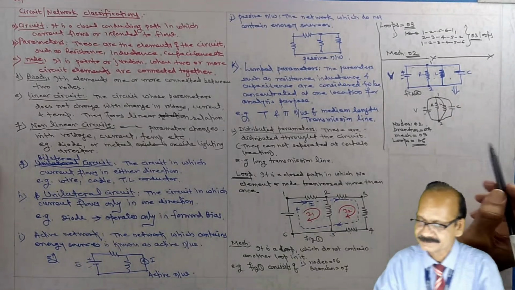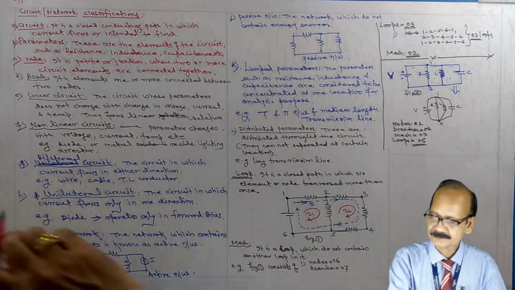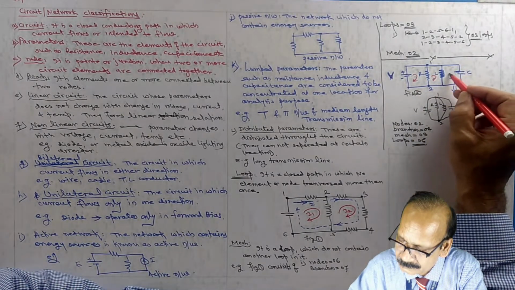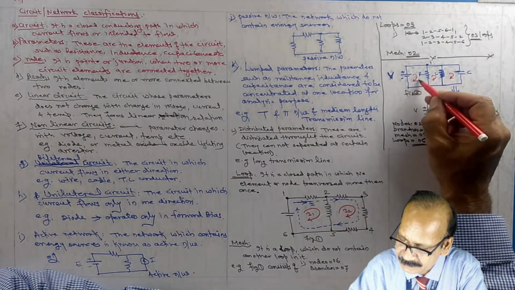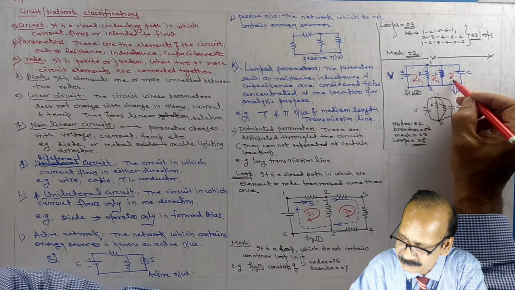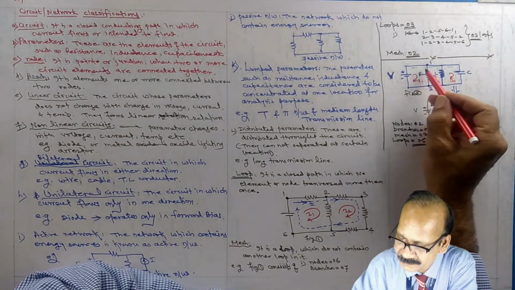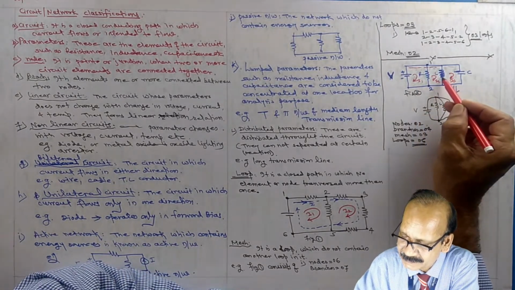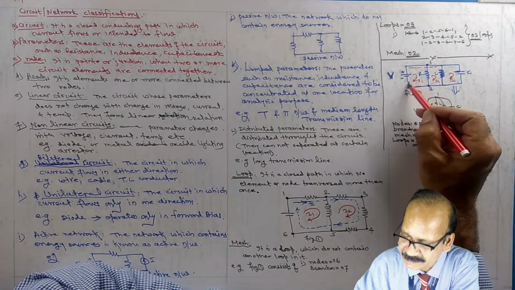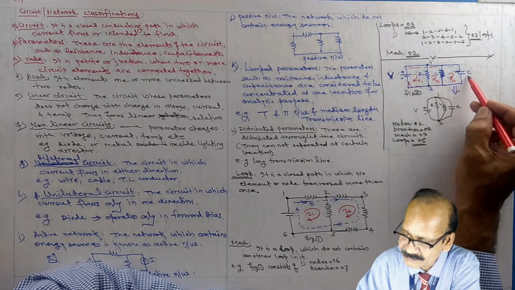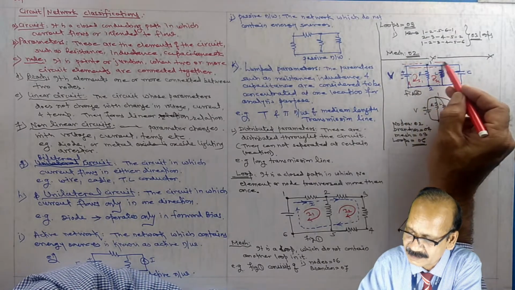See once again. Say I1, I2, I3. These are the 3 loops. Then a loop from this direction, and it completes in this way. One more is throughout the outer side.